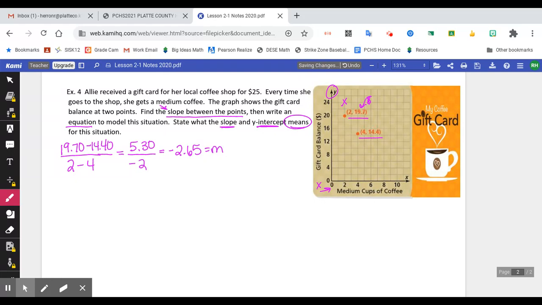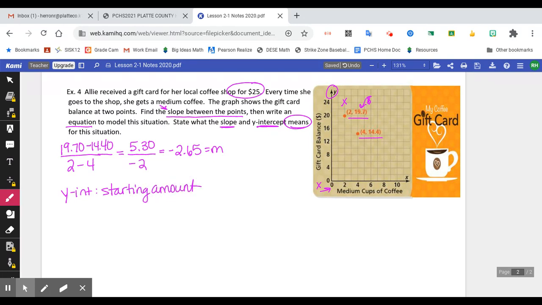All right, then we know that it starts off at $25. Okay, that would be where our coffee starts at. So that would be your y-intercept. Your y-intercept is always your starting amount.